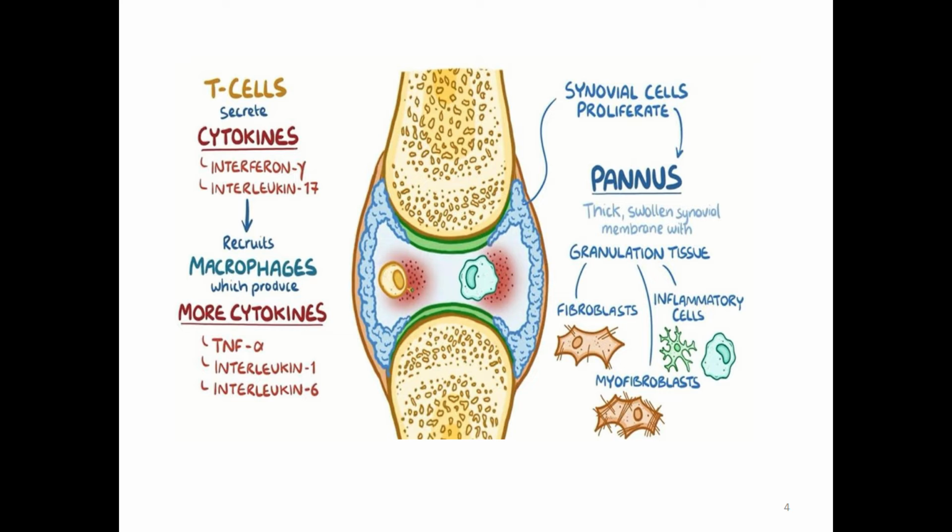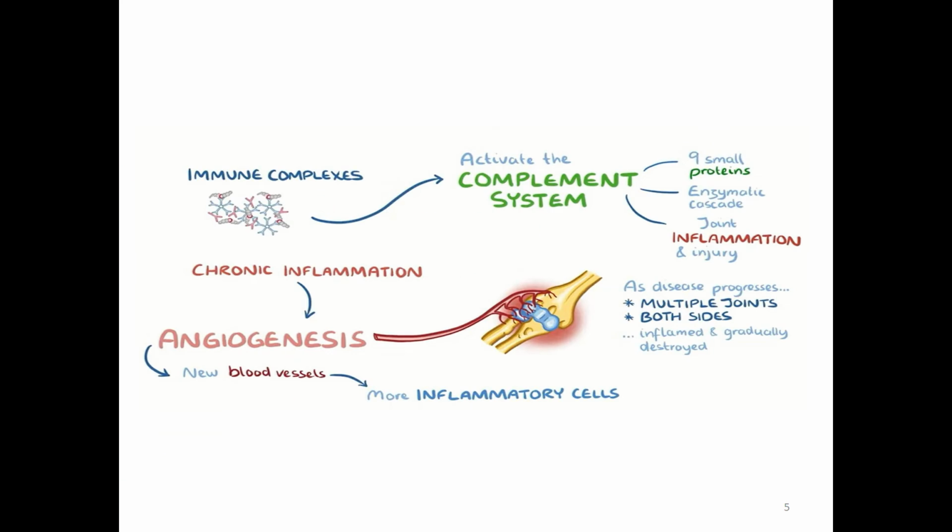So how is it made up? It is made up of granulation tissues like fibroblasts, immunoinflammatory cells, microfibroblasts. Okay, so when this immune complex is made, it releases the complement system. Complement system means nine small proteins in an enzymatic cascade, and that results in joint inflammation and injury.